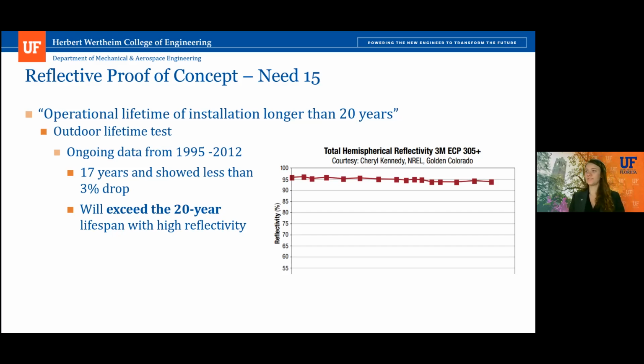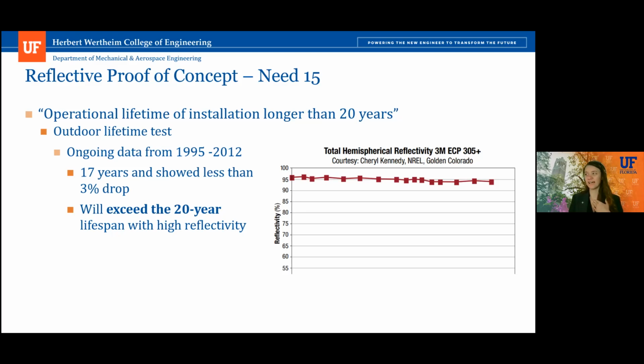Need 15 addresses the fact that the operational life of the heliostat module is to be more than 20 years. 3M released this data sheet for the solar film in 2012, and it had ongoing data from 1995. That's where this graph is from.